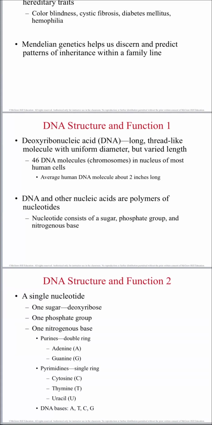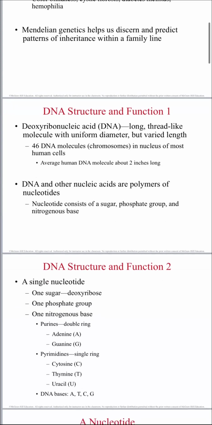We can wrap it around a protein, kind of similar to when we are knitting, where we can wrap any loose threads and put them into a ball so it takes up less room. Now, DNA is a long thread-like molecule, and again, 46 DNA molecules correspond with the 46 chromosomes. They're in the nucleus in most human cells.